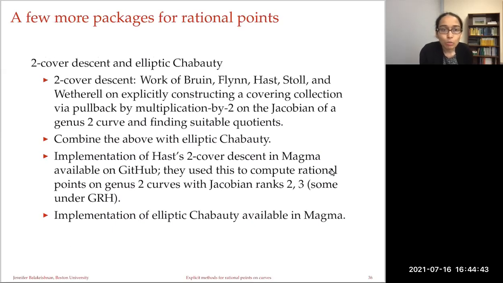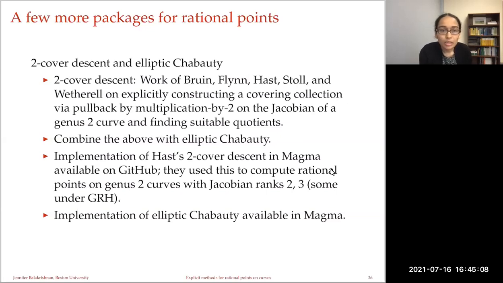So we also have a few more packages for computing rational points. The first that I wanted to mention is the idea of using a 2-cover descent. This is work of Nils Bruin, Victor Flynn, Daniel Hast, Michael Stoll, and Joe Wetherell on explicitly constructing a covering collection by pulling back under the multiplication by 2 map on the Jacobian of a genus 2 curve and finding suitable quotients.